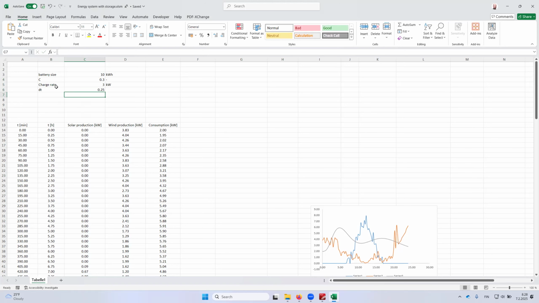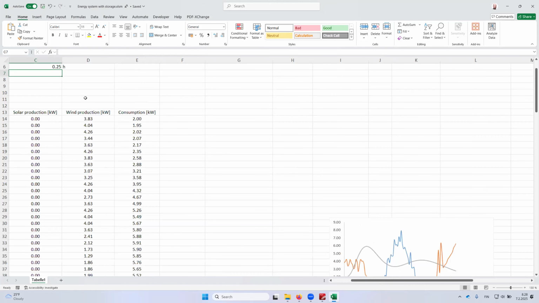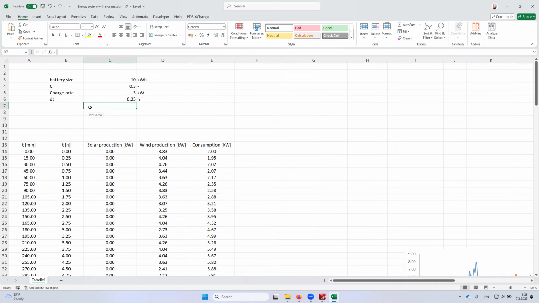So DT is going to be 0.25 because if we're inspecting a time step of 0.25 hours, then that means that our charge limit in energy is going to be this one times this one. So during 1 hour, you can input 0.75 kilowatt hours to the battery.